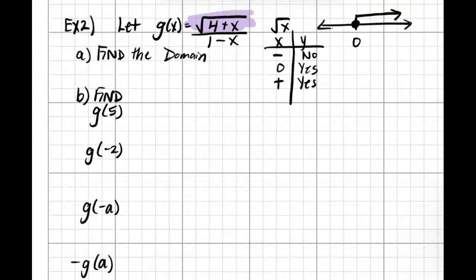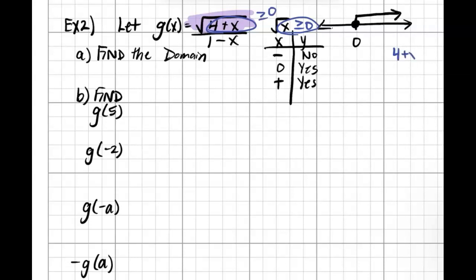But this function has a plus 4. So we got to think, well, how is that going to affect it? What we see is that square root functions have to be greater than or equal to 0. The x's have to be greater than or equal to 0 if it's going to be in its domain. So what we would do is we would just set this radical greater than or equal to 0.